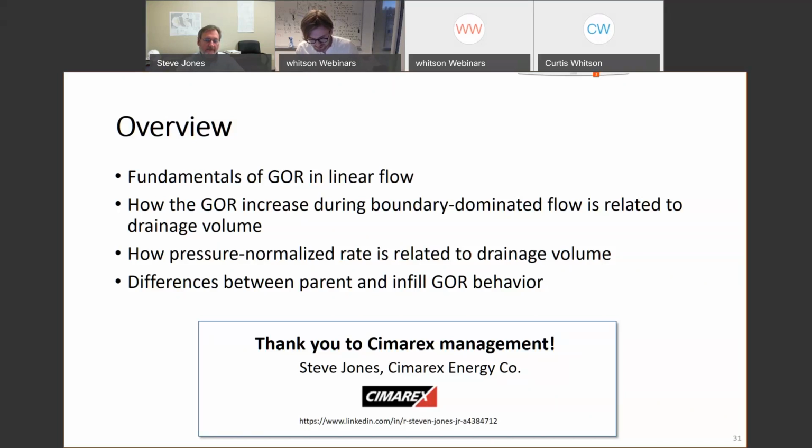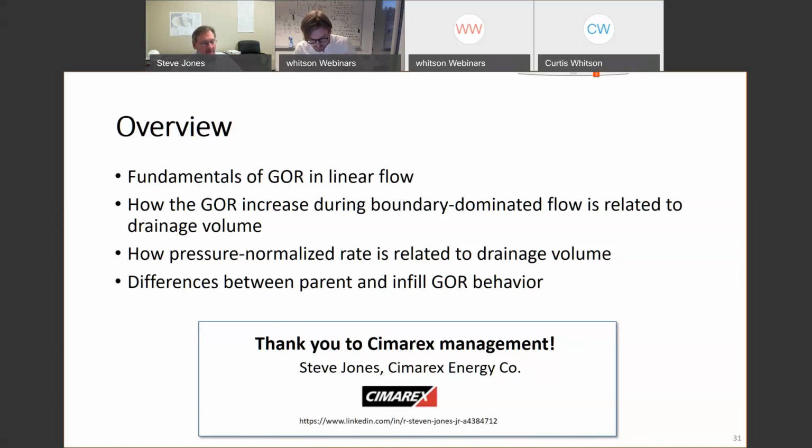Very good. I see there are still a million questions coming in here, but the topic for today was parent-child and infill drilling. Do you have any comments or observations on GOR behavior when wells are hit by offset fracs? Yeah, usually there's a decrease in the GOR because the pressure goes up as a result of the frac fluid increasing the pressure around the well.